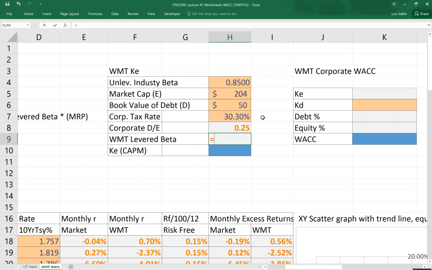Now I can lever the beta using my formula: the unlevered beta times 1 plus the D/E ratio times 1 minus the tax rate. So Walmart, redo that. It's the unlevered beta times 1 plus the D/E ratio times 1 minus the tax rate.